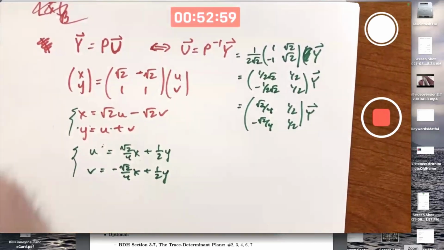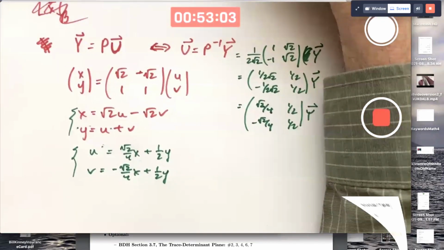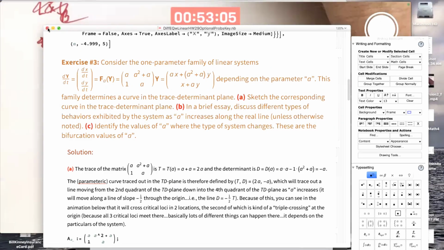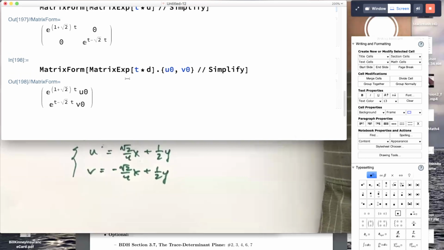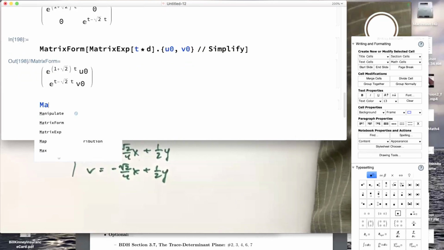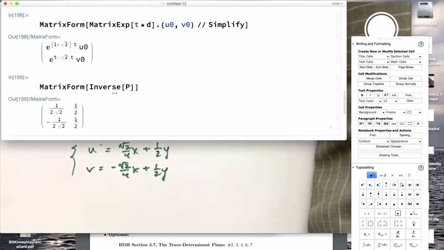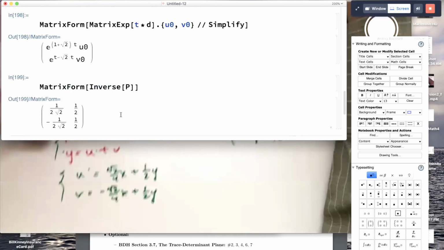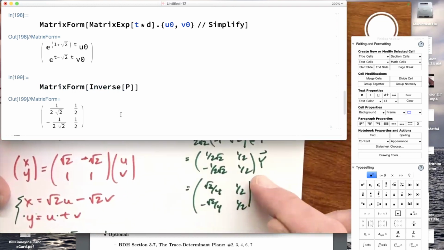Maybe I should have Mathematica double check that. That does match this.